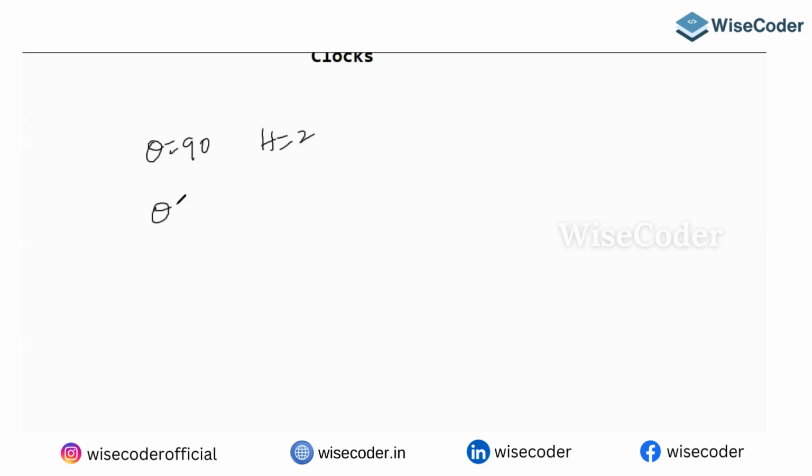What is the formula actually? 11 by 2 m minus 30 h, or we can say 30 h minus 11 by 2 m. Why are we using these two? Because within 1 hour, 90 degrees will make 2 times.